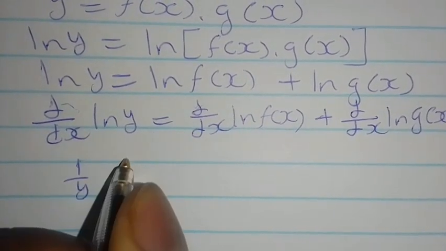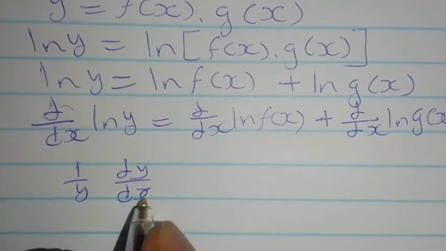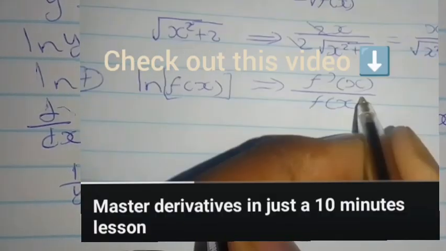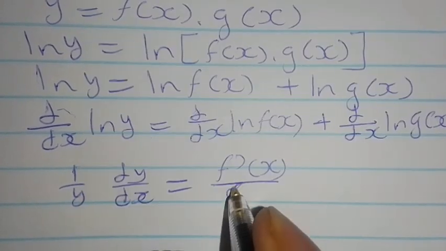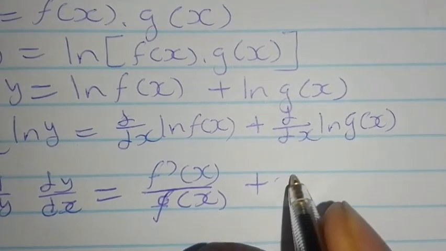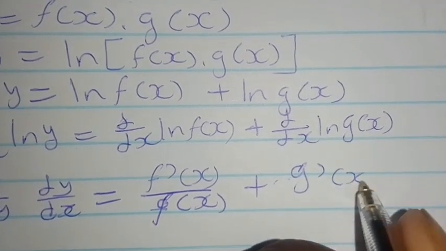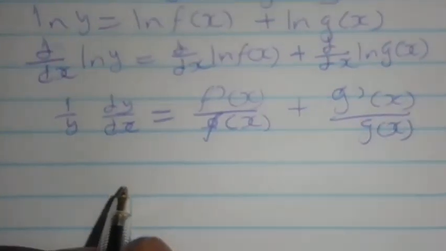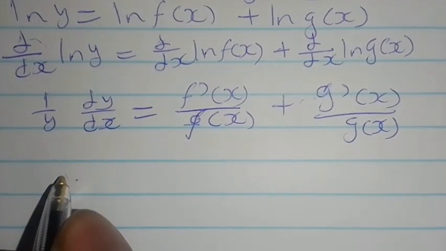This is 1 over y dy over dx. This will be f prime of x divided by f of x plus g prime of x divided by g of x. Then I can multiply everything by y.